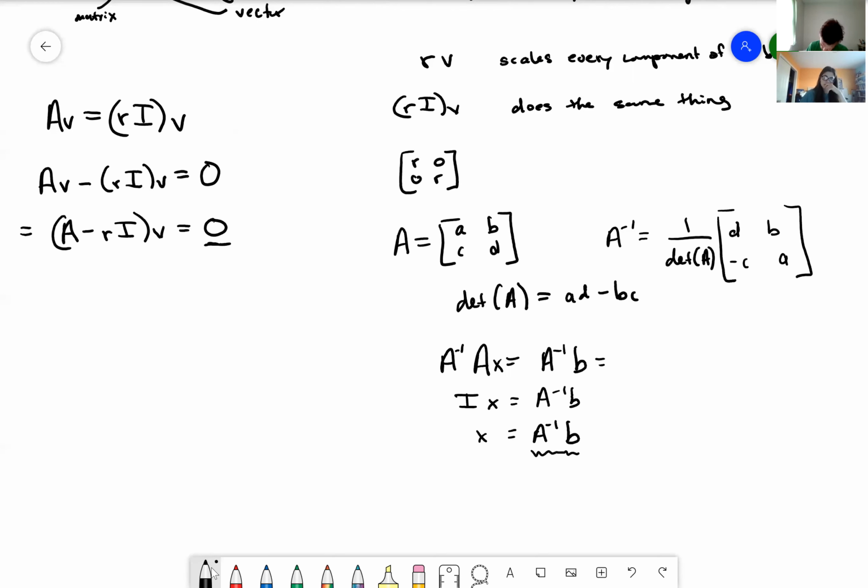Now, if this other side is 0, then what we always get is X equals A inverse times 0. It'll just be 0. So we only get the trivial solutions this way, which means that there must be something going wrong when we multiply by this inverse.